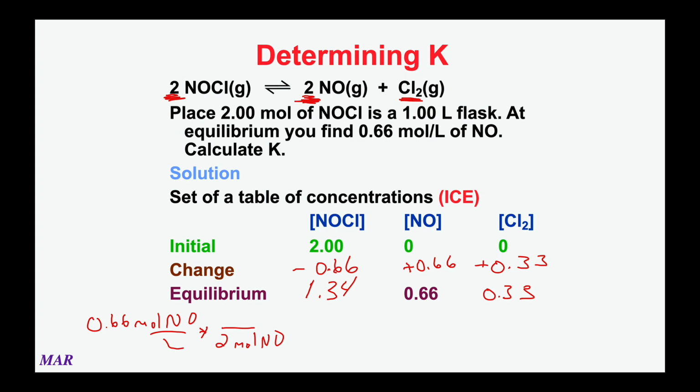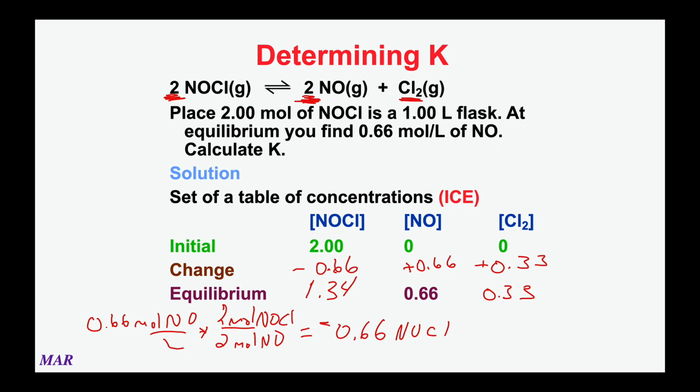You can also say 0.66 moles per liter of NO have formed. There are 2 moles of NO formed for every 2 moles NOCl that break down. So you can see 2 over 2 is like 1 to 1. That means that the change number is going to be 0.66 for the NOCl. It has to go down. That's the source of this reaction. That's why it's negative, but it is the same kind of thing.